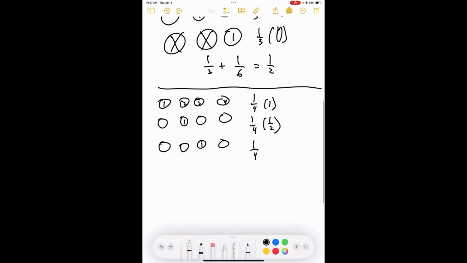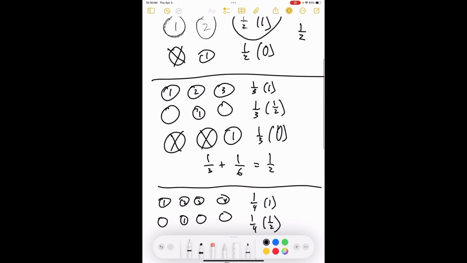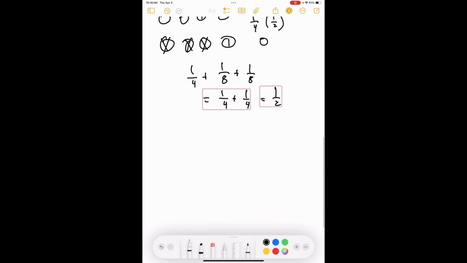And we know that the last guy gets his seat with probability 1/2. And if he sits in the last seat, then the probability is 0. So if we add that up, we've got 1/4 plus 1/8 plus 1/8, which hopefully you recognize as 1/4 plus 1/4, which is 1/2. Now, so far we have a pattern where it's 1/2 every time. But we need to know if this generalizes to everything. So let's do one more.